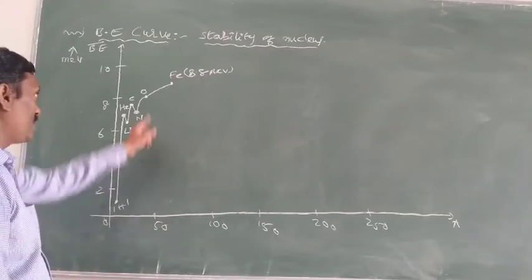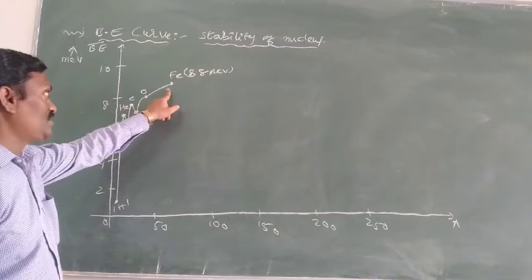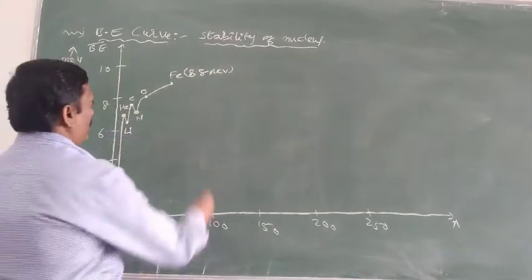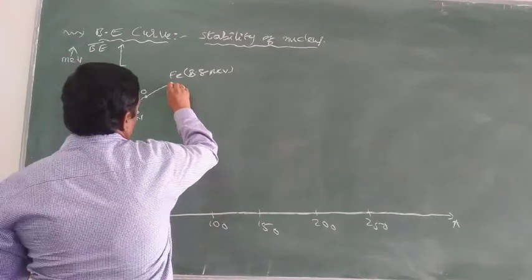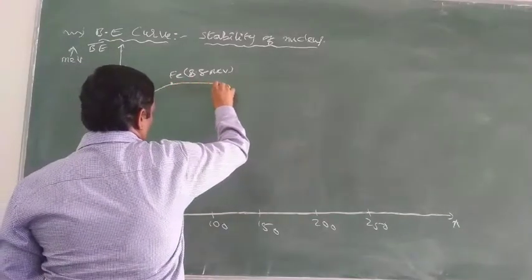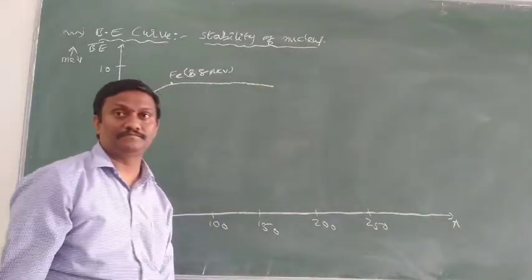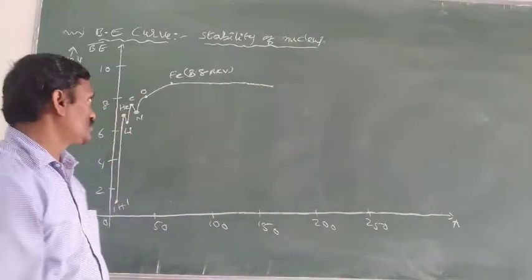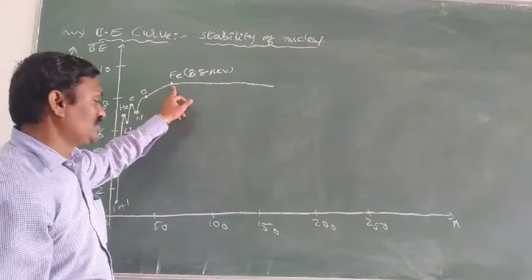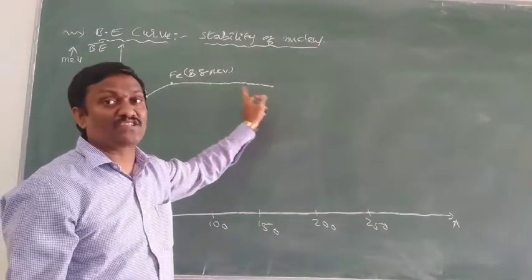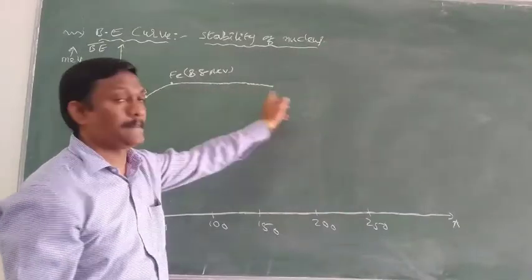So from oxygen to iron, average binding energy gradually increases and reaches the maximum. Next, from iron 56 up to almost mass number 170, the average binding energy is almost constant. The graph is almost a horizontal line.